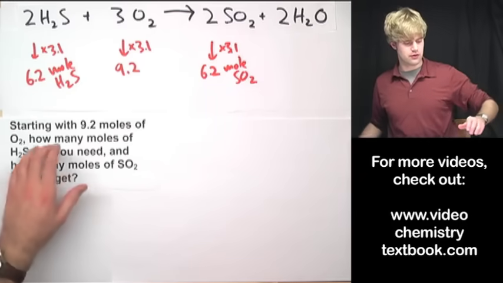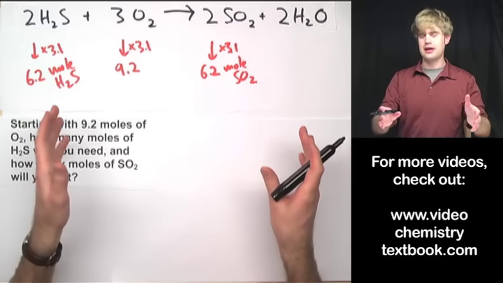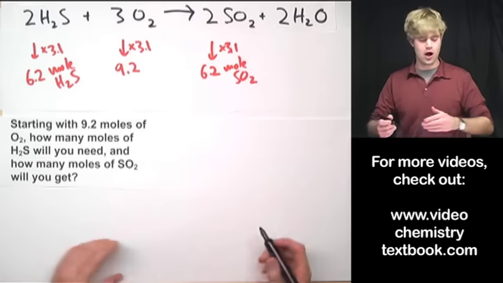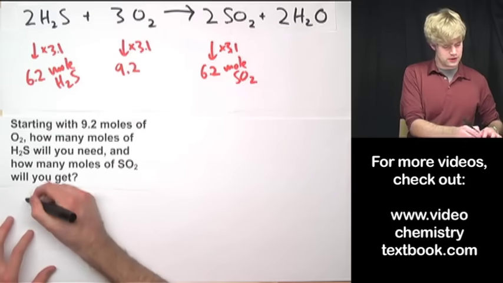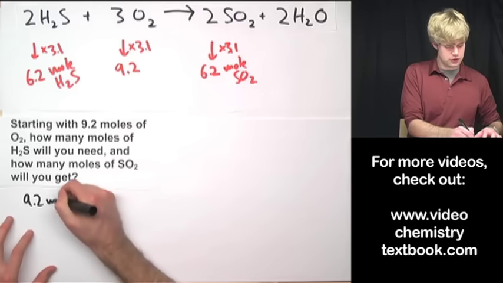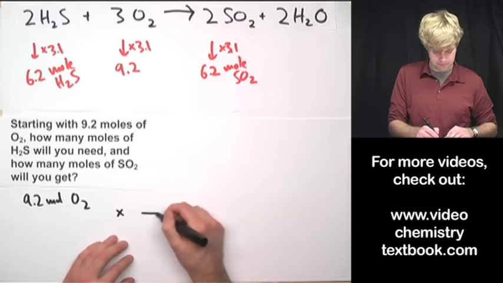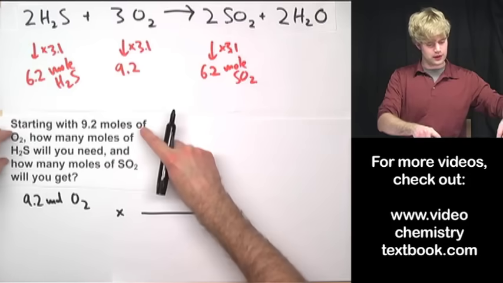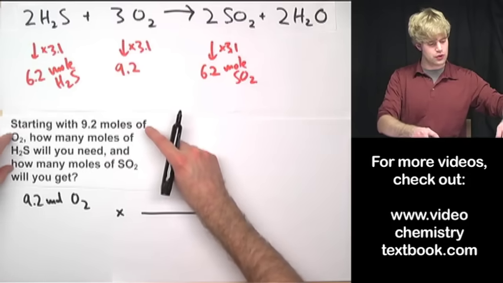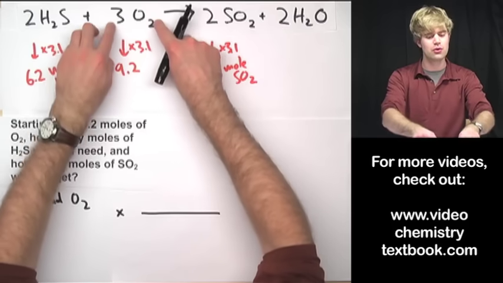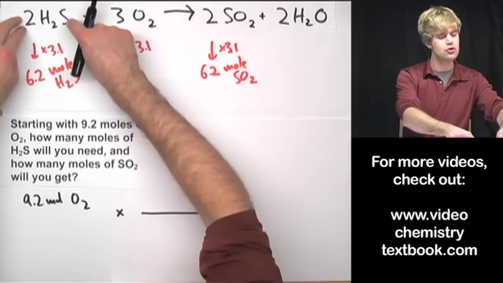Let's look at how we do the conversion factors. You guys are probably getting the hang of this now, so I'm not going to show all of the conversion factor steps. We start with 9.2 moles of O2 times, what is our relationship between O2 and H2S? We have 3 moles of O2 to 2 moles of H2S.